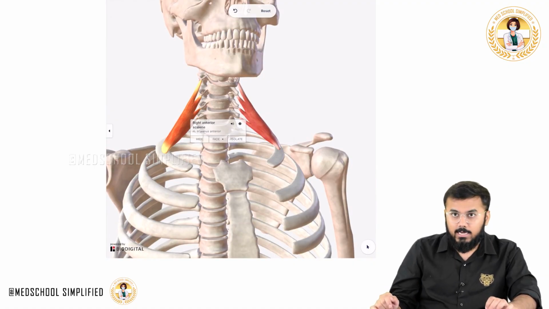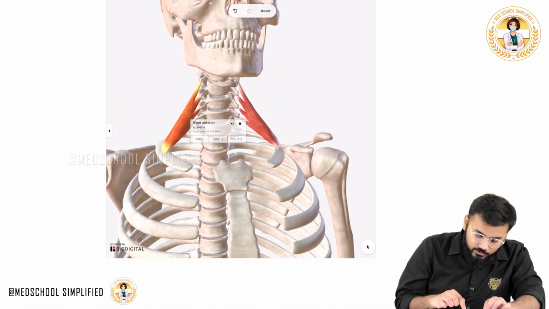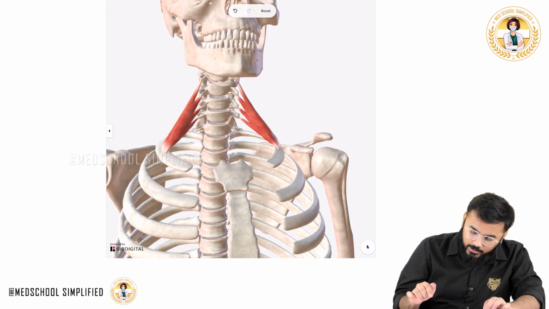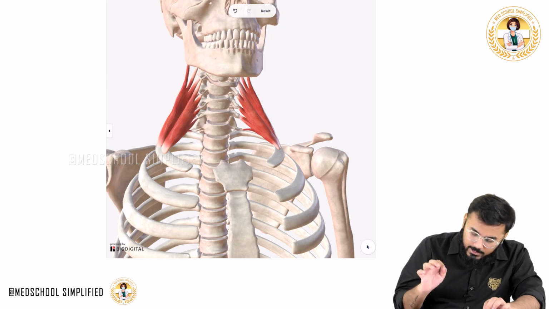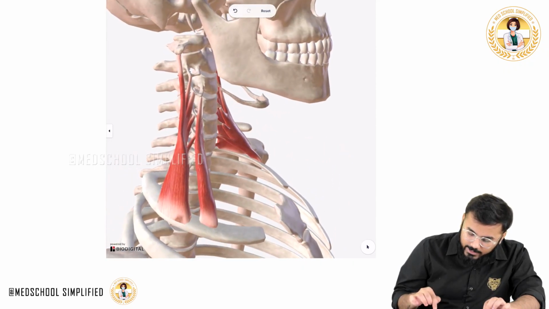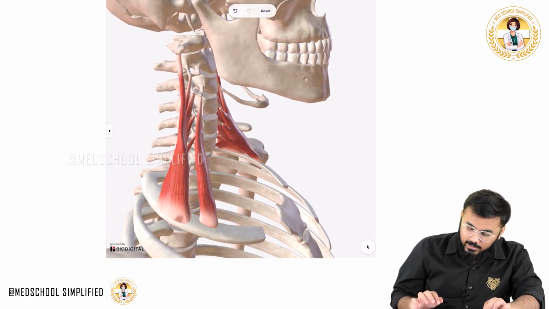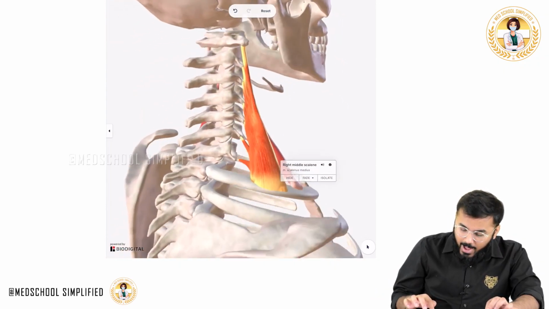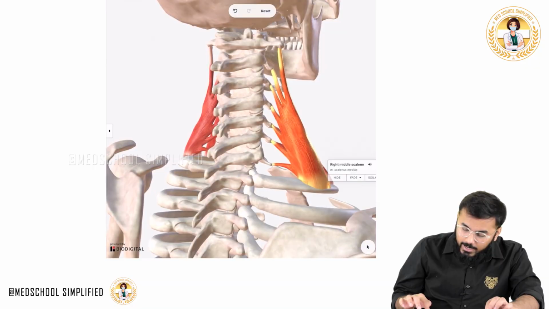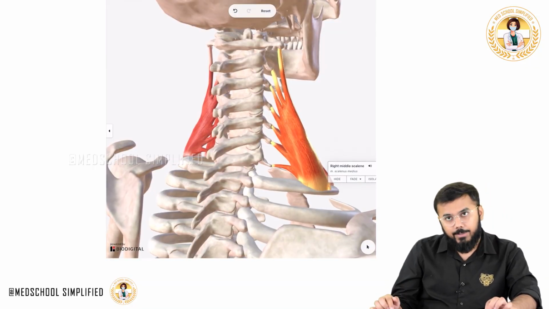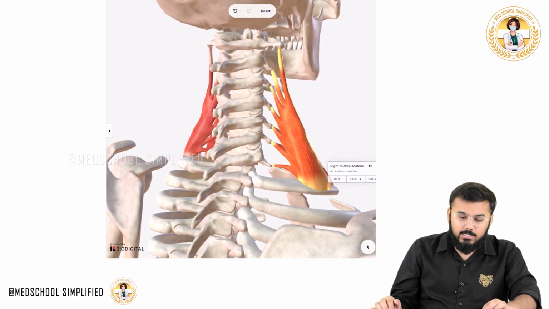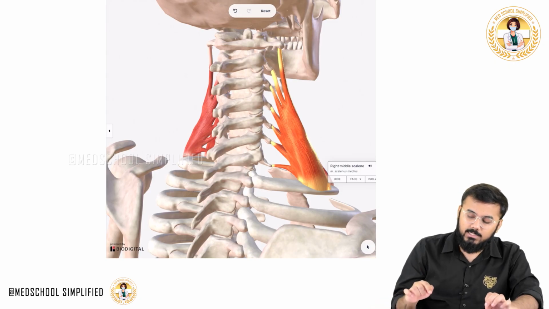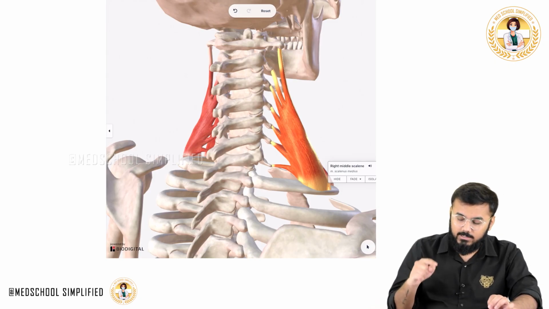After the anterior scalene, the next muscle we shall discuss is the middle scalene. Where is it? Just behind the anterior scalene you have the middle scalene. From the back you can see the middle scalene arises from a little higher, from C2 to C7.